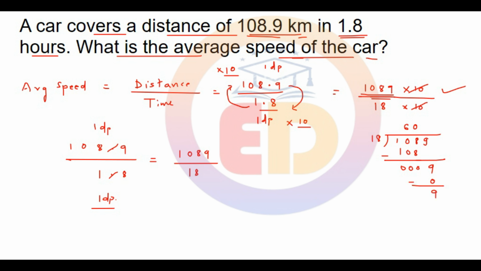Subtracting, I get 9. Now again 9 will not be divisible by 18. So what I'll do, I'll increase the 9. To increase 9, place a 0 here. And to place the 0 here, I'll have to put a decimal point in the quotient. And now let's divide. 18 5s are 90. Division is complete. My answer is 60.5.